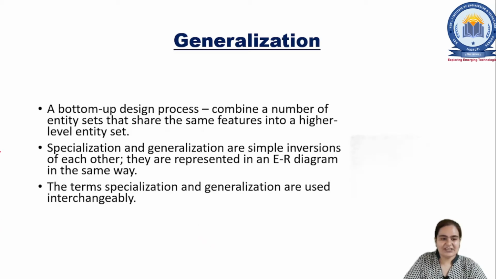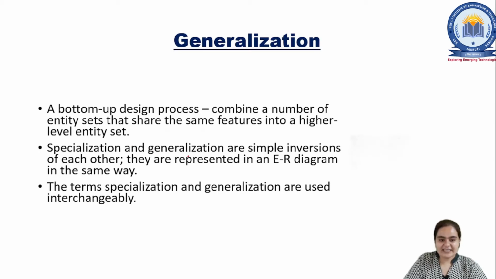In generalization, we take a bottom-up approach to designing. We combine a number of entity sets that share the same type of features. As we were moving from top to bottom in specialization, going towards lower-level entity sets, now we are going towards a higher-level entity set.